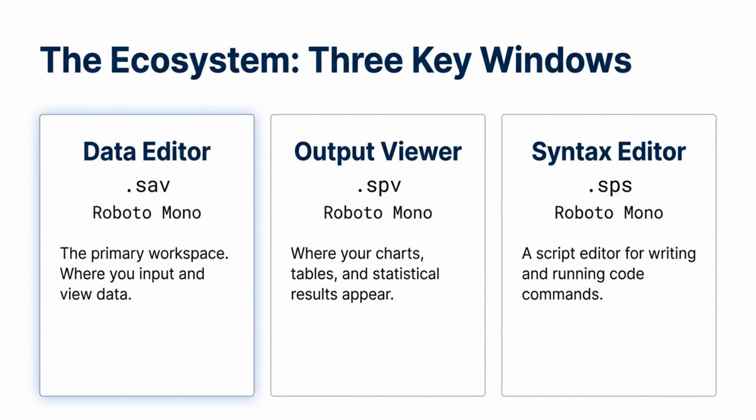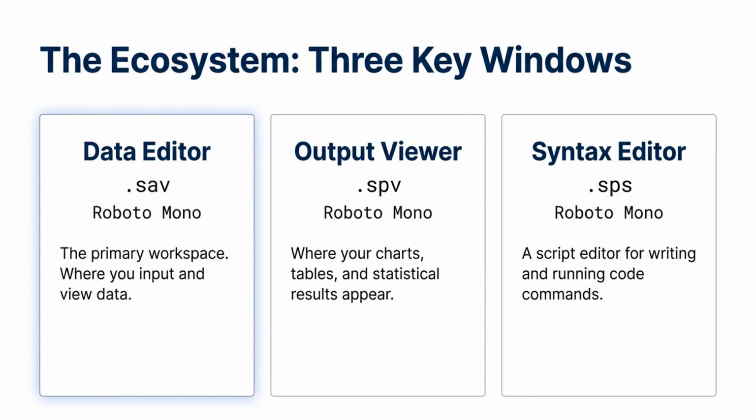There are three key windows in SPSS. The first one is data file, data editor. The extension is .sav, the primary workspace where you input and view data. The second one is output viewer.